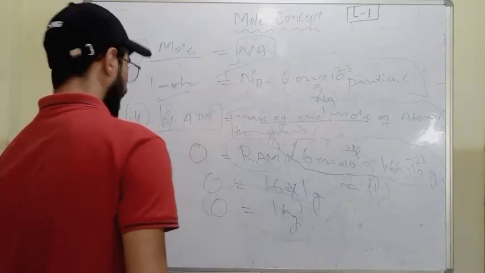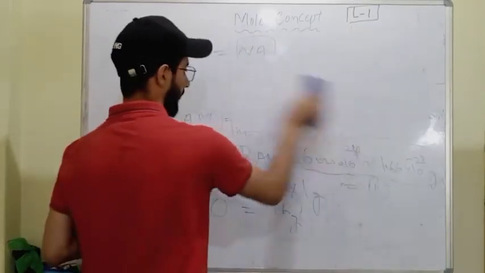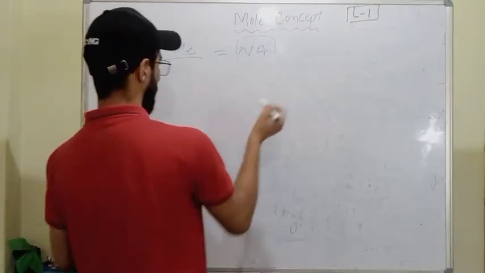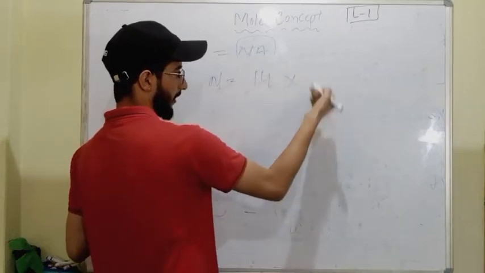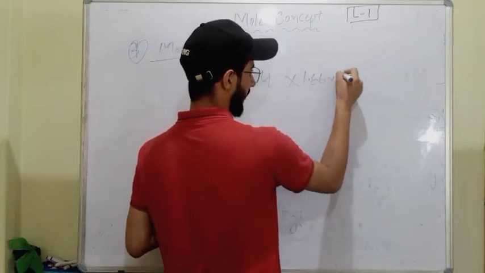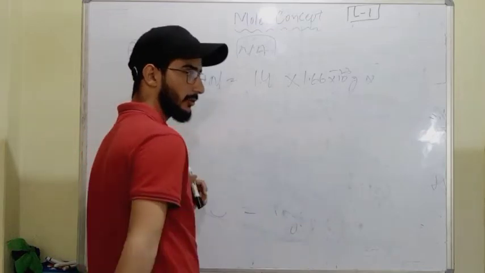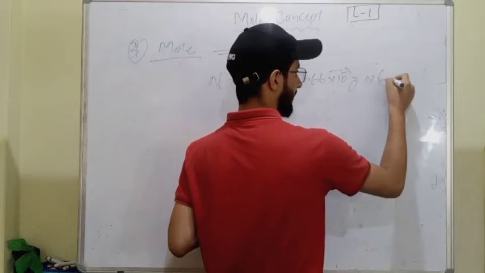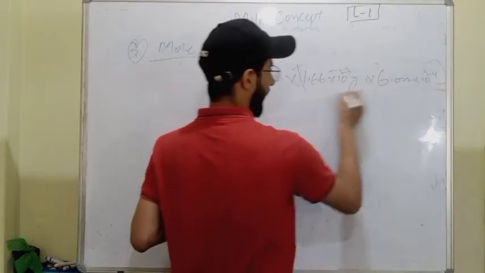If I have some other atoms, I can calculate the gram atomic mass for those elements too. For nitrogen, the relative atomic mass is 14, the mass of one nucleon is 1.66 into 10 raised to the power minus 23 grams, and for 1 mole I multiply by 6.022 into 10 raised to the power 23.